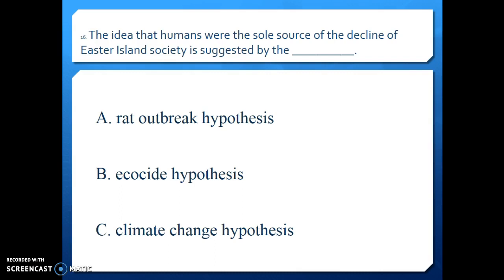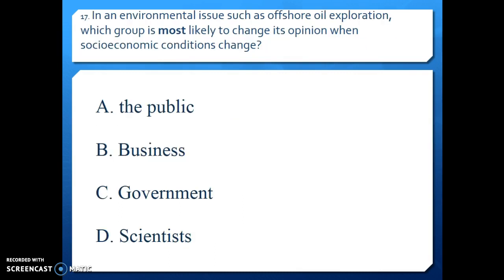The idea that humans were the sole source of the decline of Easter Island society is suggested by which hypothesis? In an environmental issue such as offshore oil exploration, which group is most likely to change its opinion when socioeconomic conditions change?